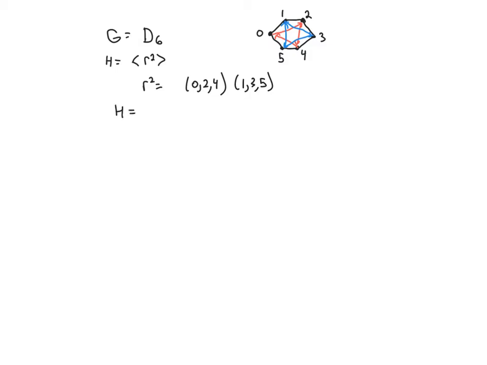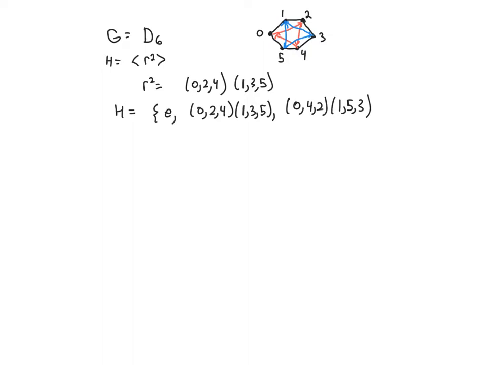But H is the cyclic subgroup generated by this permutation. So H consists of the identity element, this permutation, and all powers of that permutation. If you square that permutation, you'll see that 0 goes to 4, goes to 2, and 1 goes to 5, goes to 3.